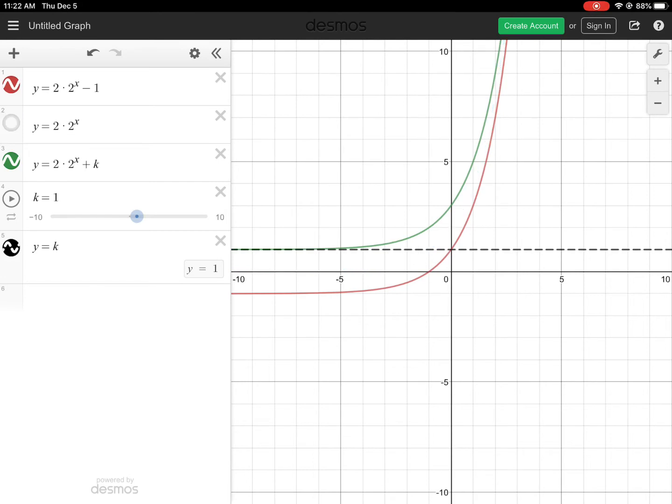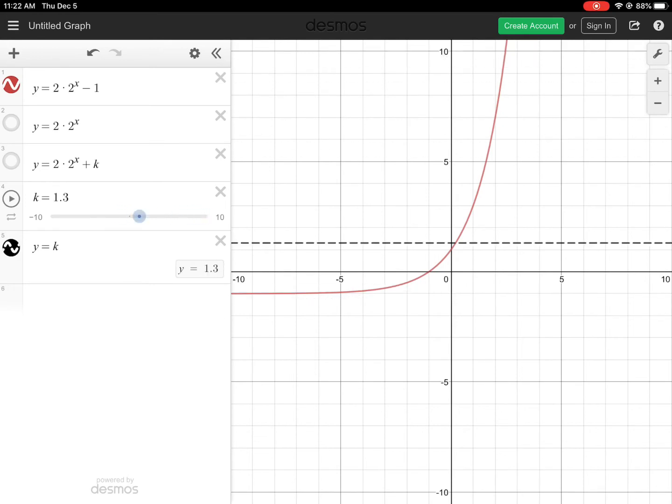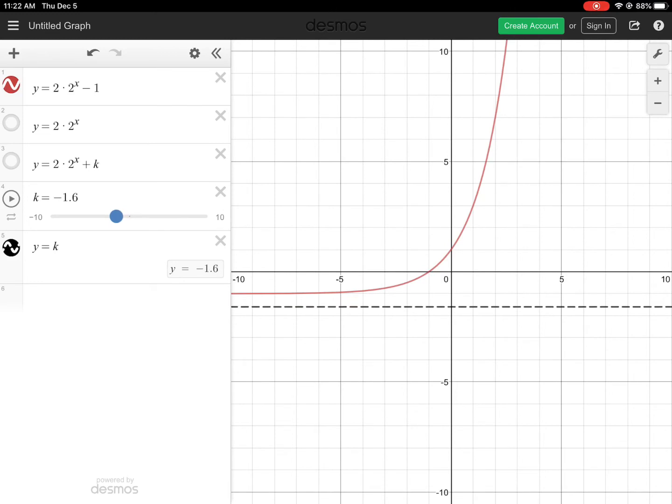All right, so the idea here is that we started out with that red one. That's what our graph looks like, right? And k would actually be down right there. And my goodness, can't get it to stay on negative. Oops. 1.